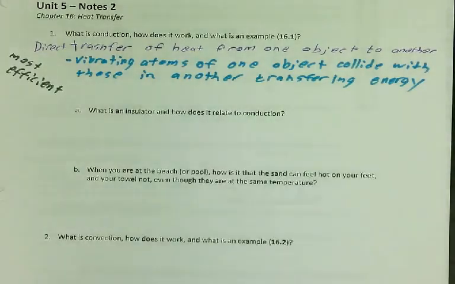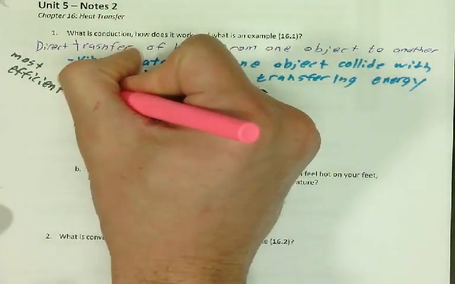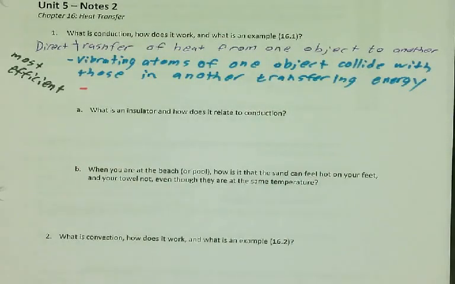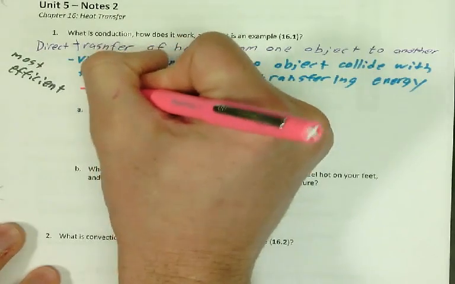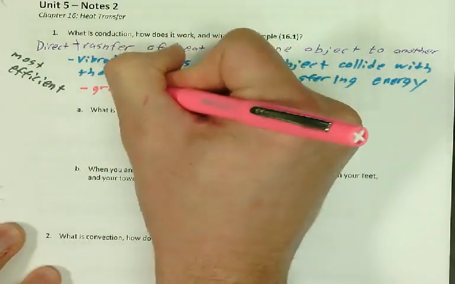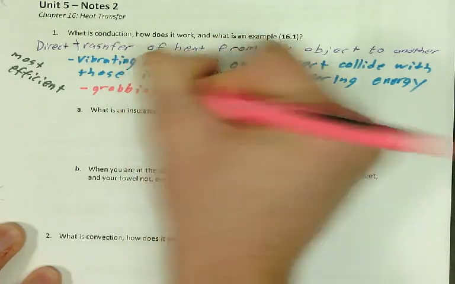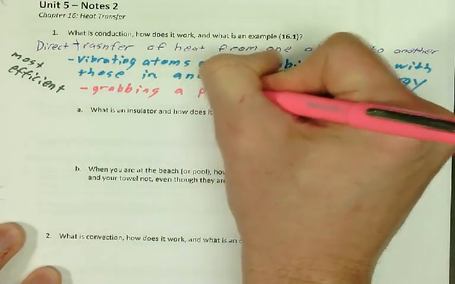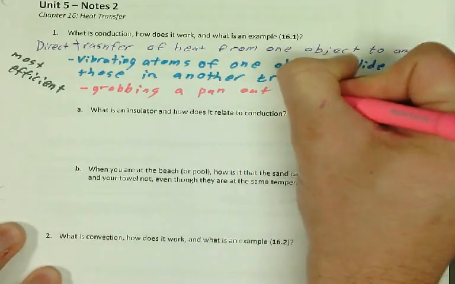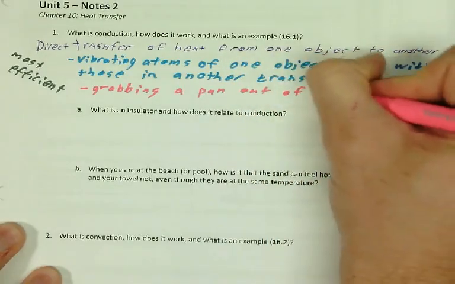An example, she gave the example of sticking a fork in a toaster. It would directly heat up the fork from contact with the toaster. A really simple example I like to give a lot is grabbing a pan out of the oven with your bare hands.